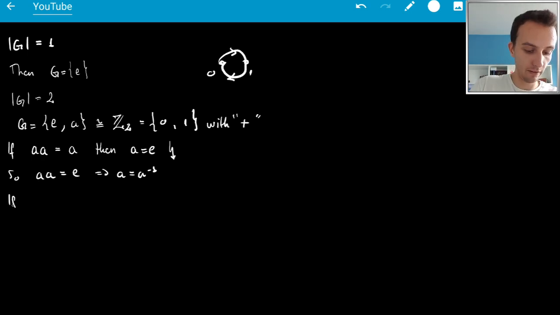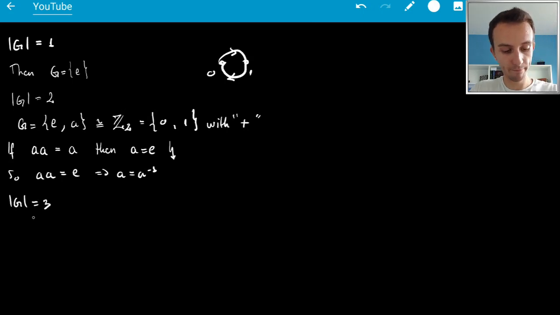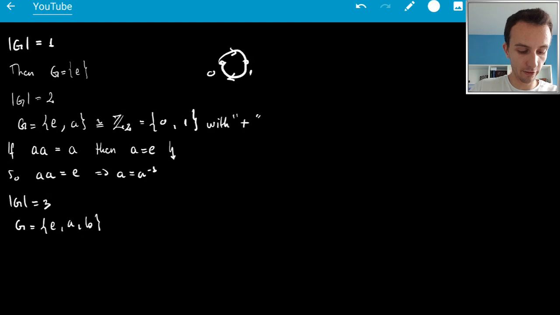Okay, even further, if G is of size 3, G is E, A, B, 3 distinct elements, the identity is there, and same thing, you could play around. In fact, I encourage you to try doing this, and you'll get that AB has to be E, meaning B is A inverse.